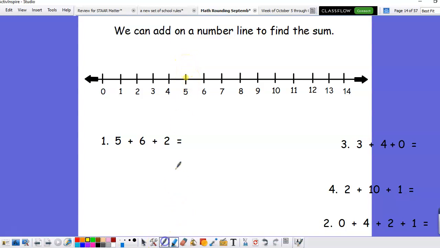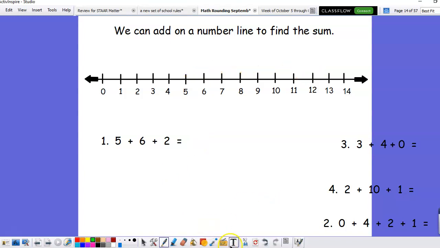His friend Timmy had 6, so he went 1, 2, 3, 4, 5, 6. So right now, Timmy and Johnny have 11 Legos, and then their friend Angela had 2 more, so 1, 2, which would get a total. Their sum would be 13.